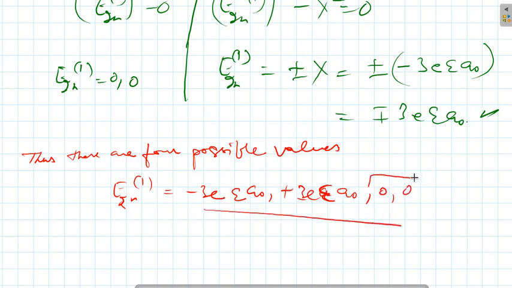So that means there are 2 states whose value of energy will remain the same, but the other 2 states will change their energies. So let us try to understand this graphically. Graphical representation.